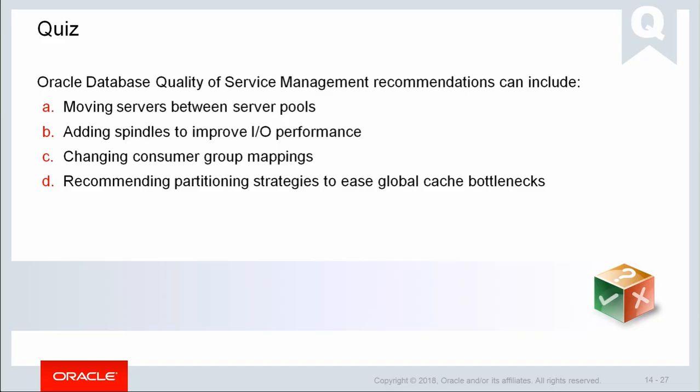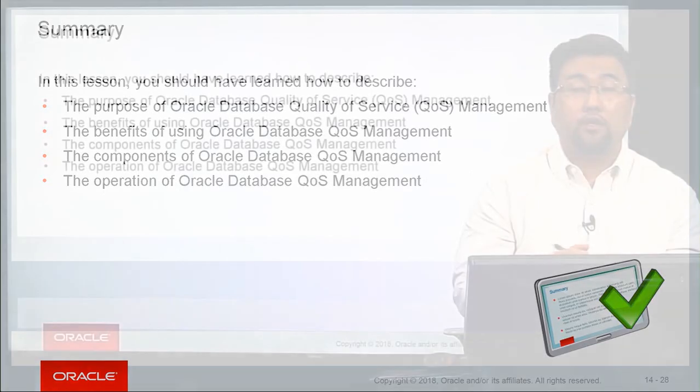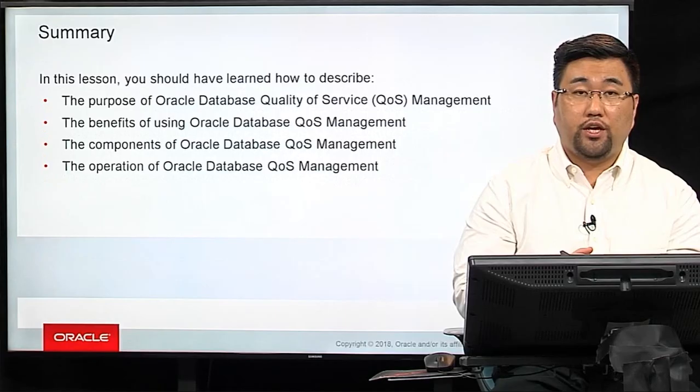So yes. And also recommending a partitioning strategy to ease global cache bottleneck. No, I don't think so. So the answer is A and C. And this is lesson 14 about Quality of Service Management.